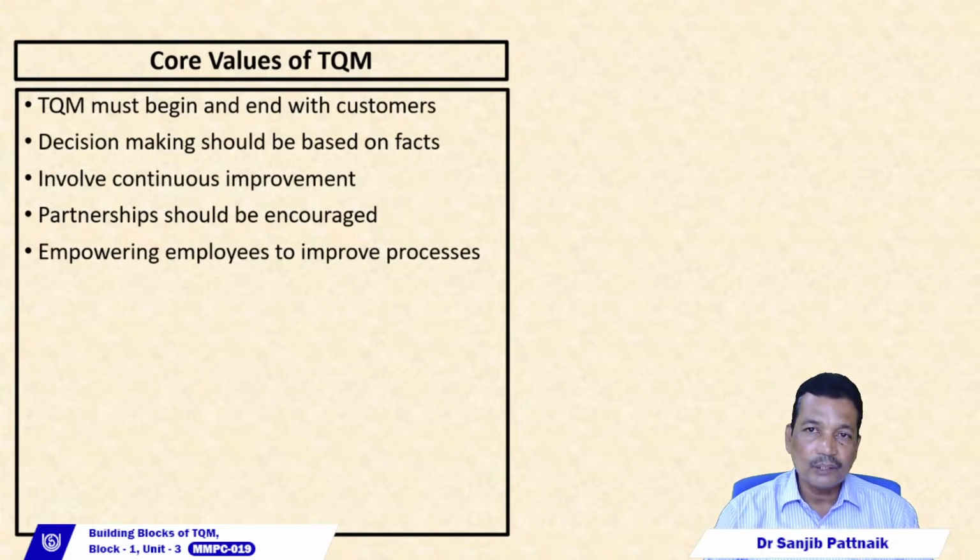Because when we produce the items, we have to depend upon all these factors. Suppliers will provide us the components or the parts.